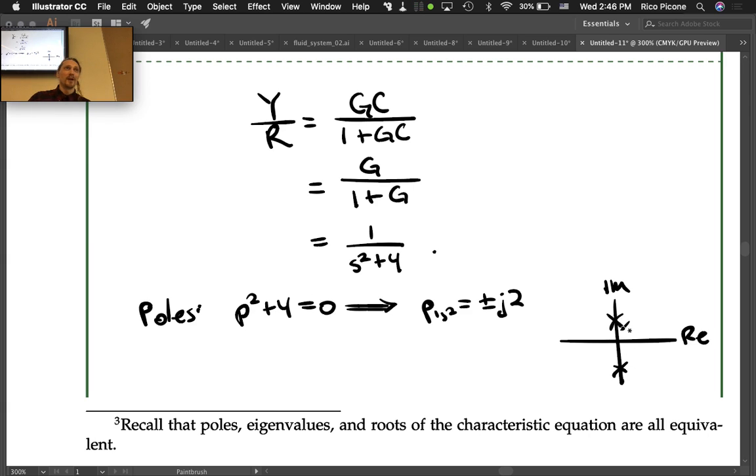There's not like a double pole on this spot, for instance. So it's not unstable. It's not stable, though, because we have at least one imaginary axis pole, right? So it has to be marginally stable. So marginally stable.